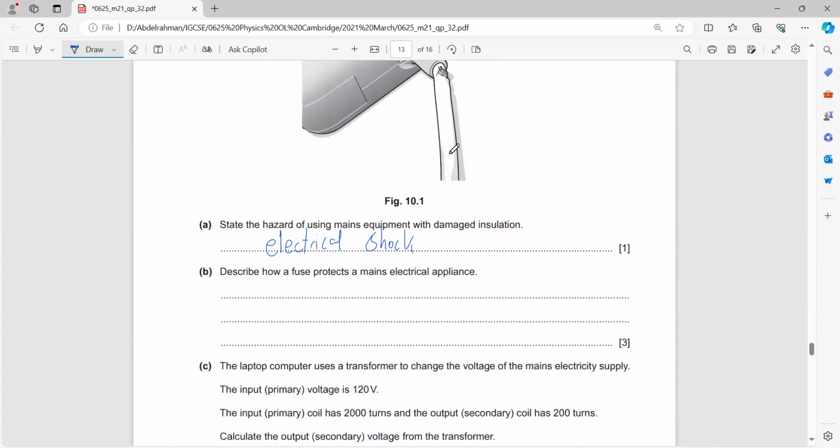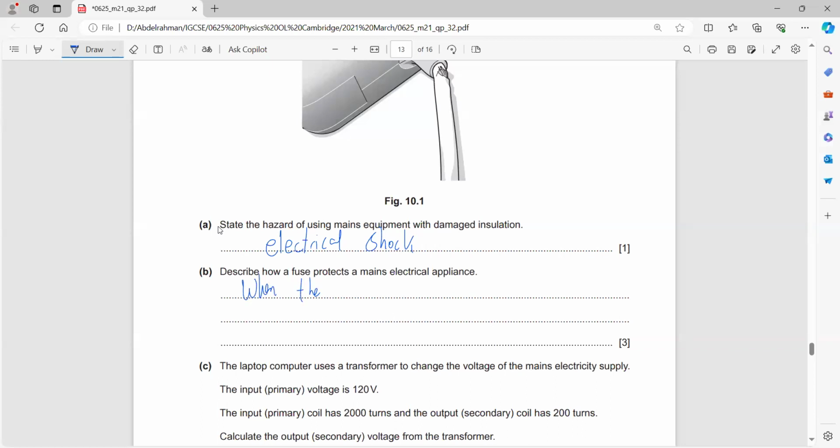How does the fuse protect the mains electrical appliance? When there's too much current over the intended amount of current, it melts the fuse. The fuse breaks the circuit. Okay. Which protects the circuit how? It stops the circuit.